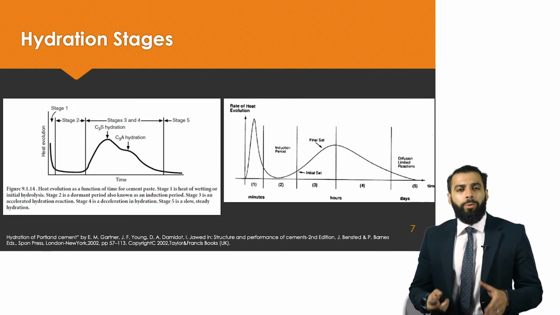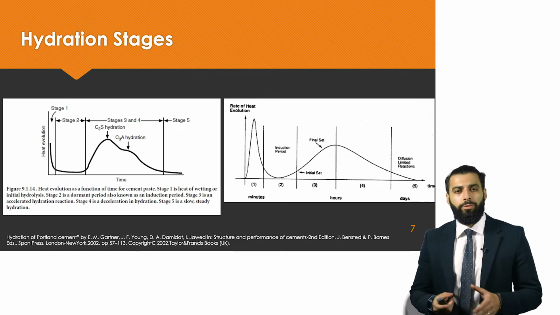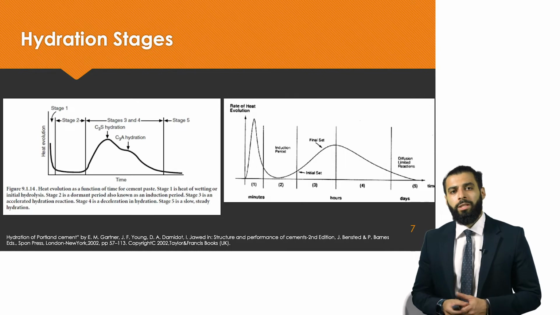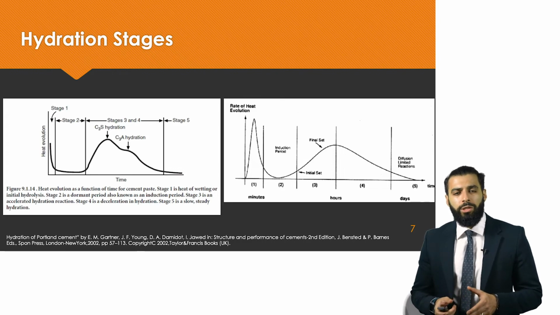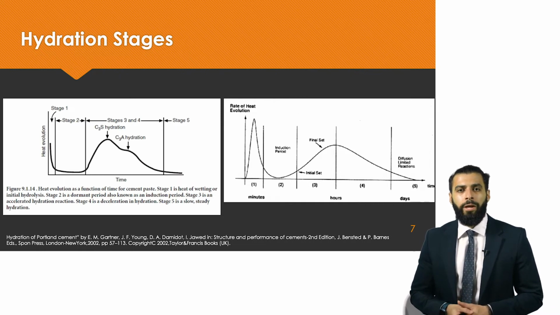Now, the constituents of cement, as we said, there are 4 main constituents: C3S, C2S, C3A, and C4AF. And the process of hydration for each one of them, roughly speaking, follows the graph that you can see in front of you.